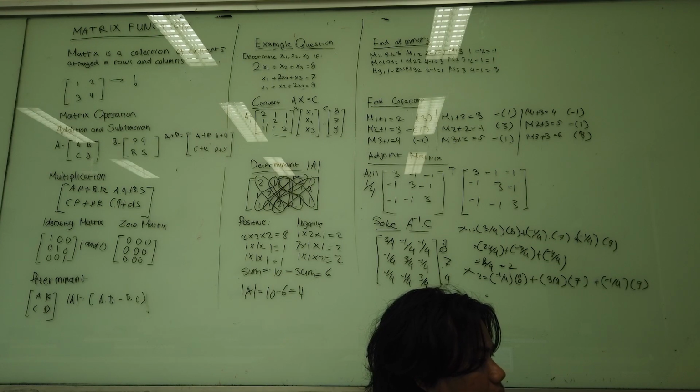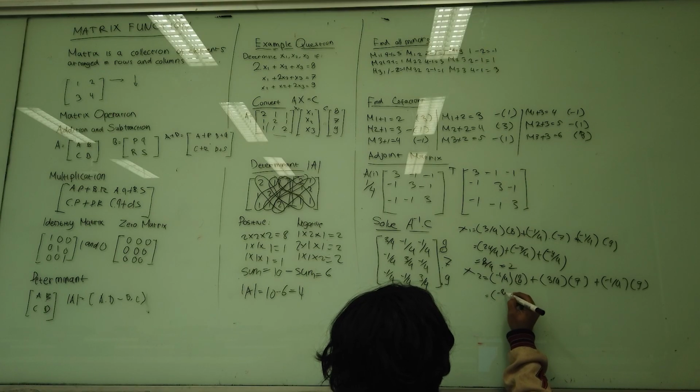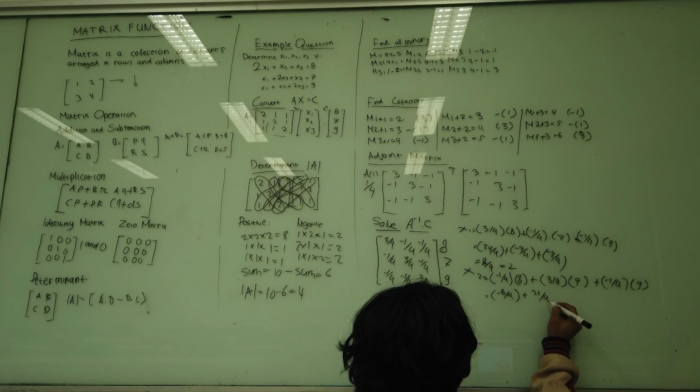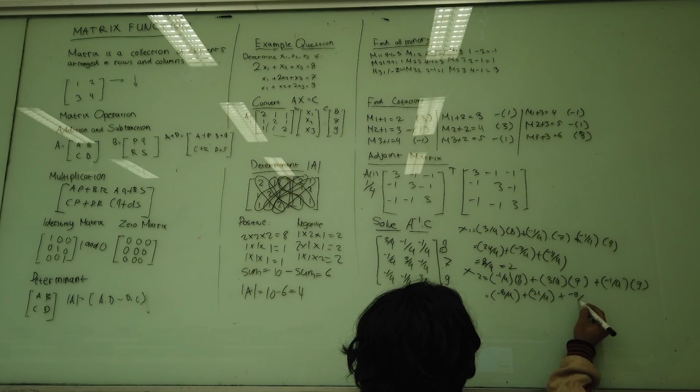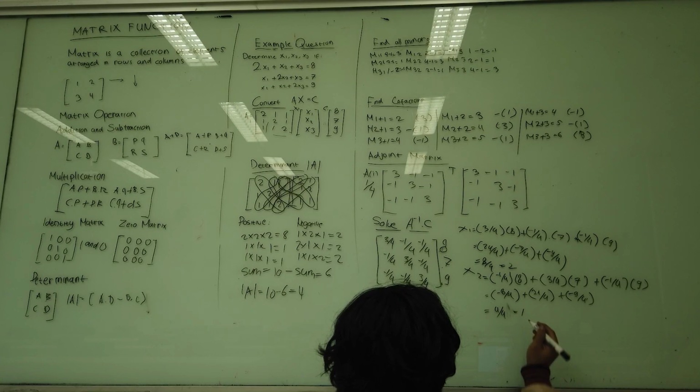That's it. Which gets us this number, minus 8 per 4, 21 per 4, plus minus 9 per 4. Then we get this 4 per 4, which gets us 1.